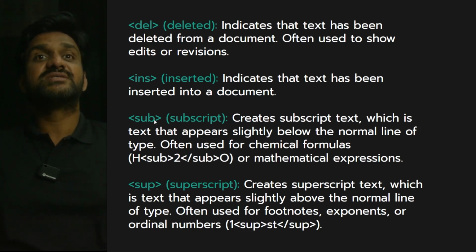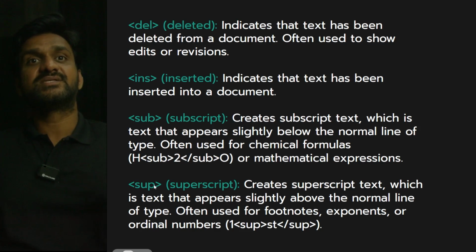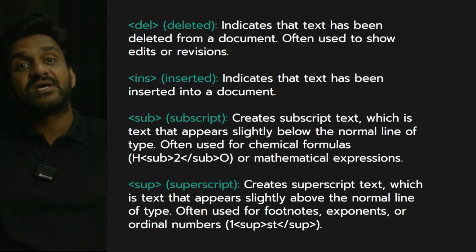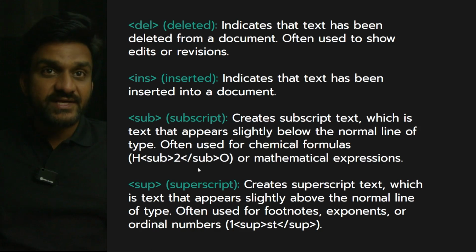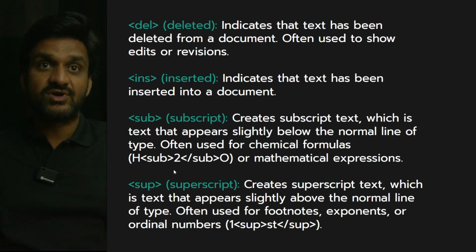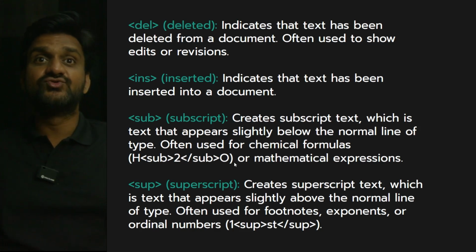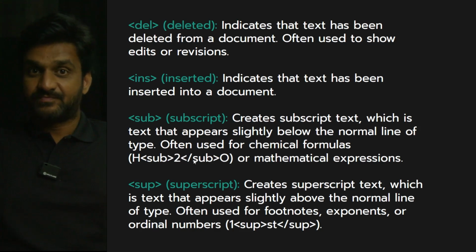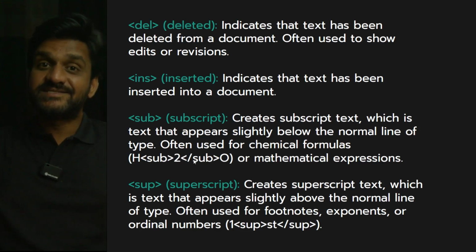And the next ones are sub and sup. Sub stands for subscript and sup stands for superscript. I think you got the point. Subscript is used, for example, to represent chemical formulae. In this part of the code, we have H2O. The 2 is embedded within the sub element, meaning subscript, below the existing text.